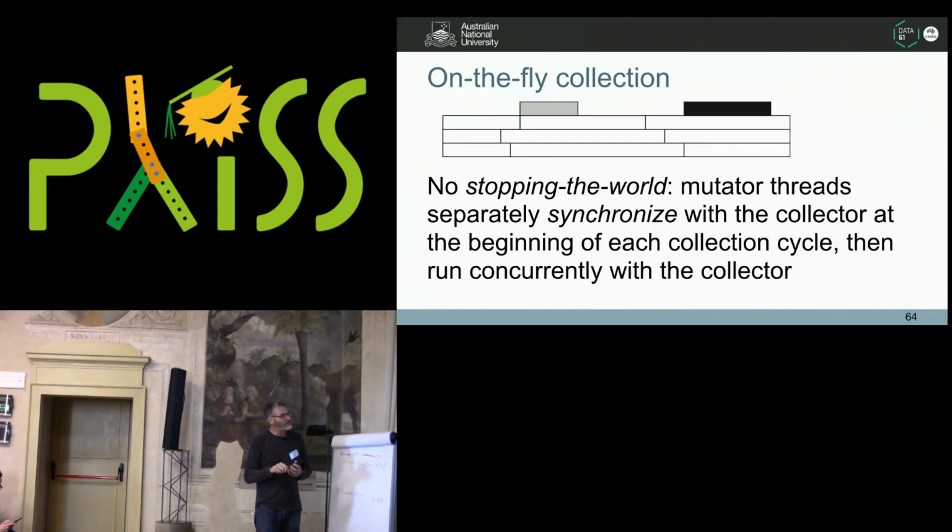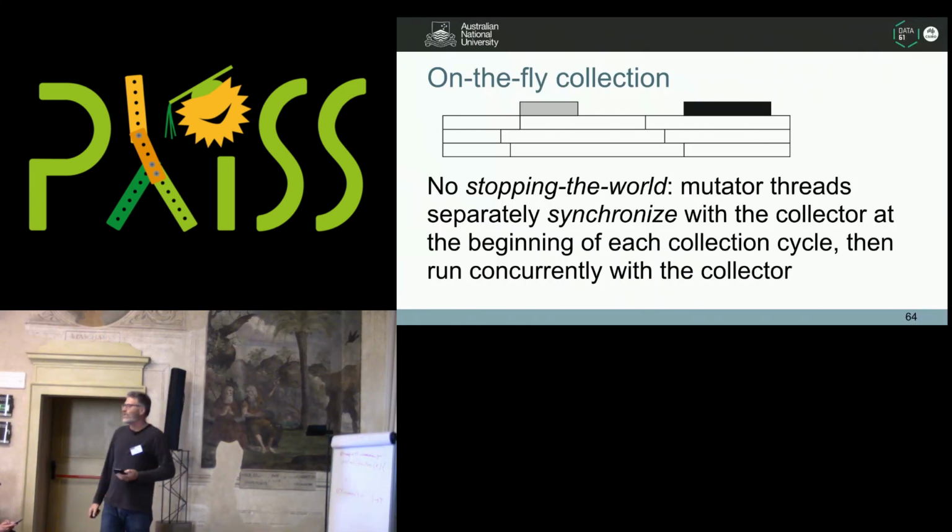And the important thing here is that there's no stopping the world. The mutator threads separately synchronize with the collector at the beginning of each collection cycle, but it's a very ragged synchronization. There's no single point where they're all stopped. Sometimes known as a ragged handshake. But after that, the mutator threads and the collector threads run concurrently.